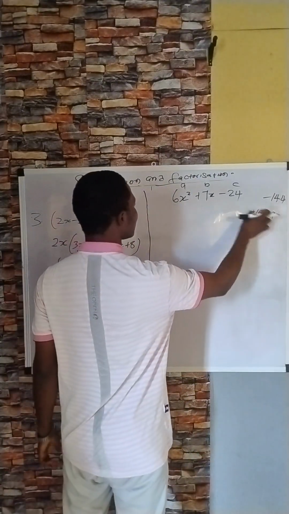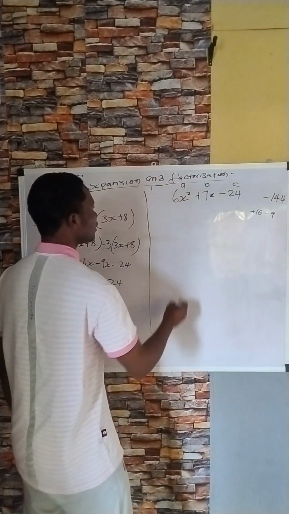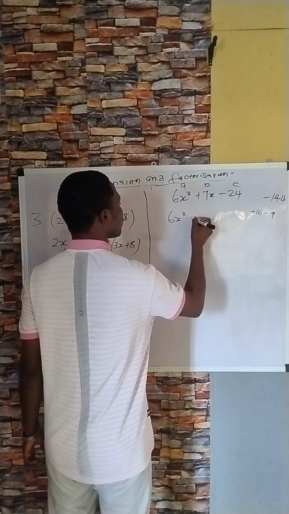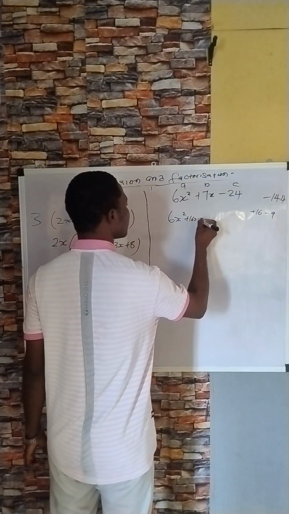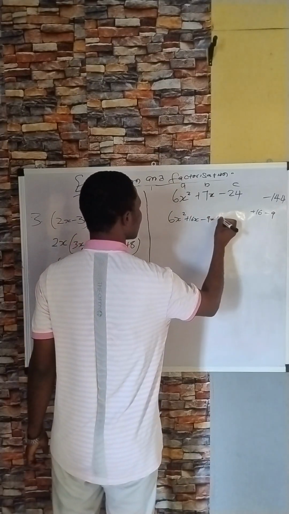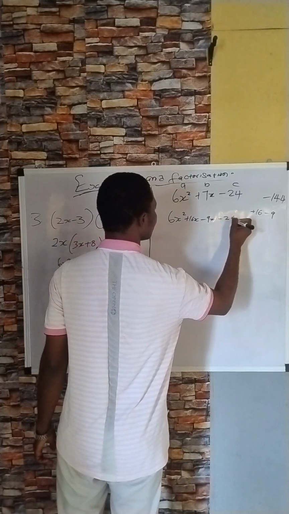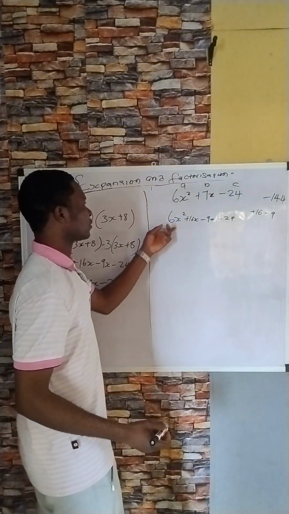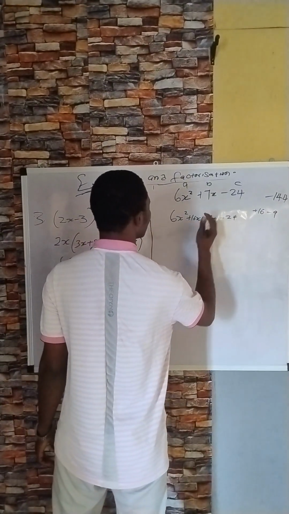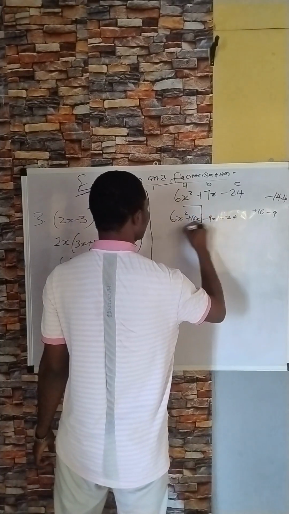So let's factor this into 7x. So what we'll do is 6x squared plus 16x minus 9x minus 24. So now, if we factorize, what is the GCF of these two terms? Remember how we did it?